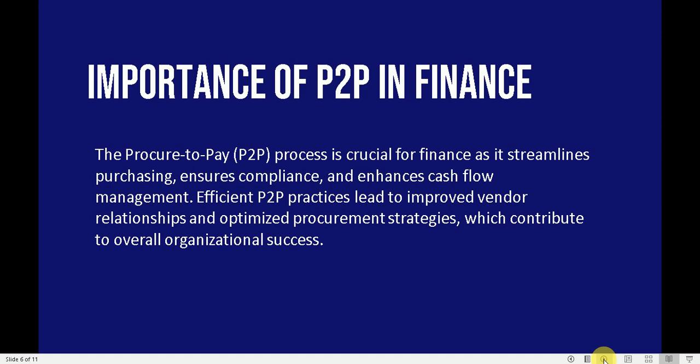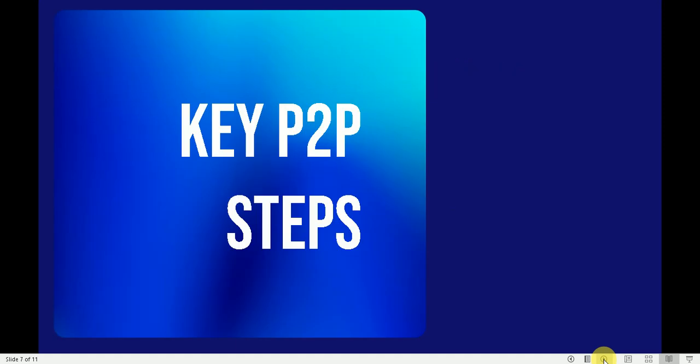The procure to pay P2P process is crucial for finance as it streamlines purchasing, ensures compliance, and enhances cash flow management. Efficient P2P practices lead to improved vendor relations and optimized procurement strategies, which contribute to overall organizational success.